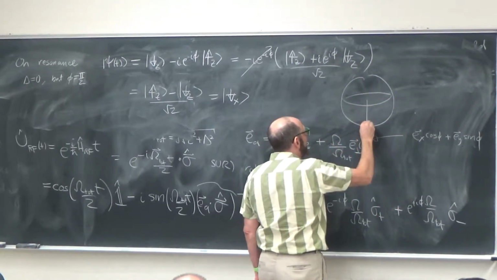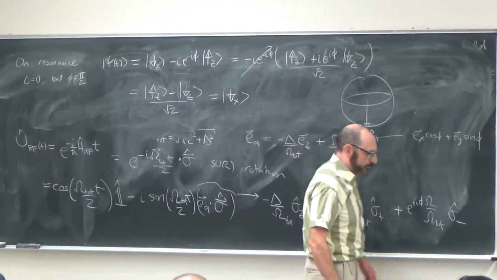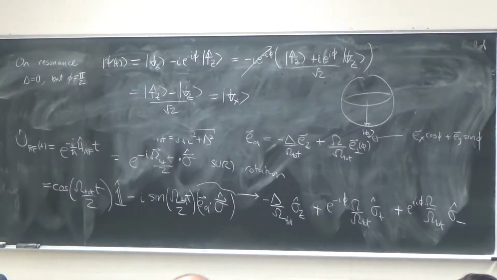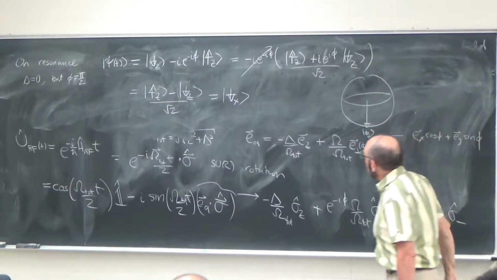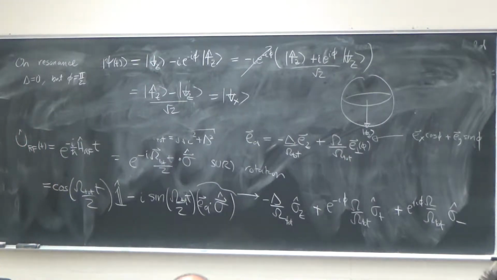We start with the Bloch vector at the south pole. We haven't bought that from Antarctica yet, so wherever it is. And now we apply a fictitious magnetic field in what direction? Right here.